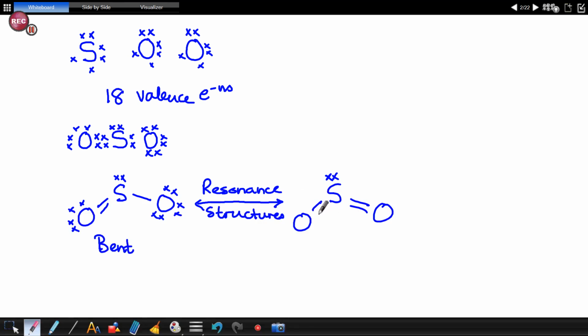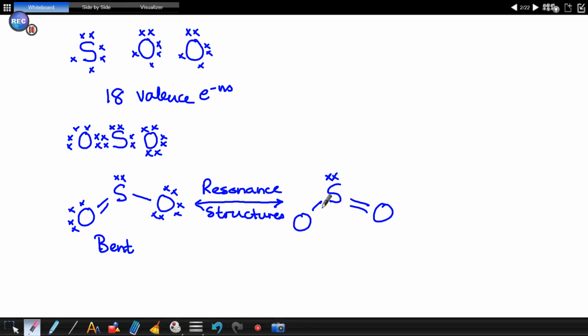Resonance structures are molecules where the double bonds have jumped atoms. They both exist. And you won't be able to distinguish between the two molecules because they will have exactly the same properties.